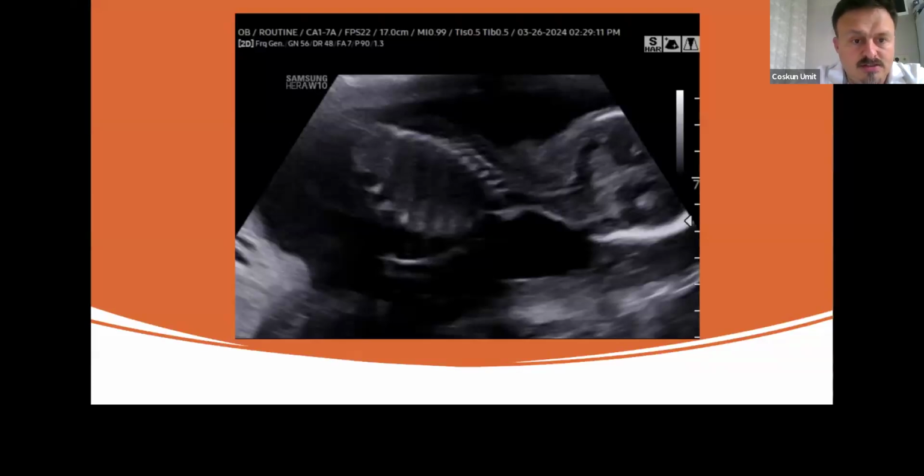We can check the parents' nasal bone and ethnic origin, because in the Asian population, the nasal bones are normally smaller. So if it is isolated, we don't need to worry. Maybe we can do an NIPT test if it is available in your clinic. Of course, if there are other abnormalities with the nasal bone, we should do invasive testing. Okay, thank you very much.